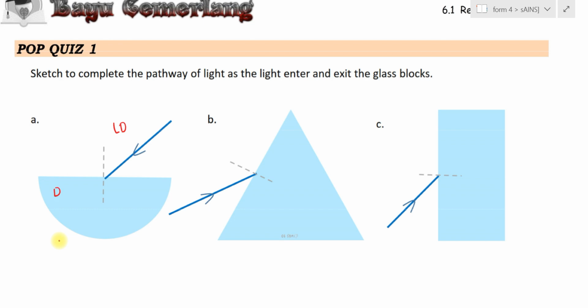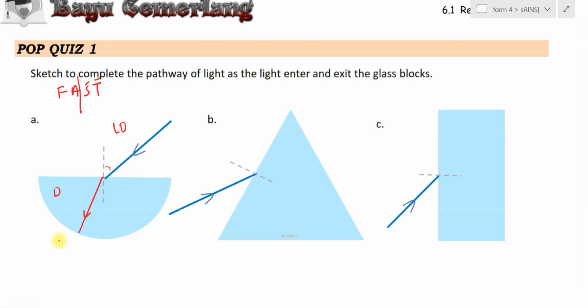Dia punya speed kurang, slow. So kalau slow, towards lah, kita lukis dekat. Okay, kamu boleh nampak I dia lebih besar dengan R, berbanding R. Okay, lepas tu dia nak keluar balik.